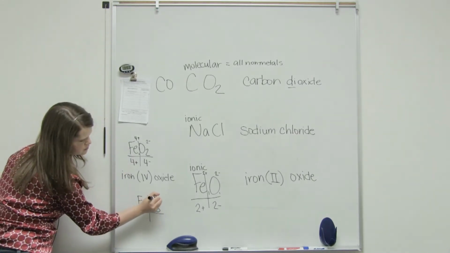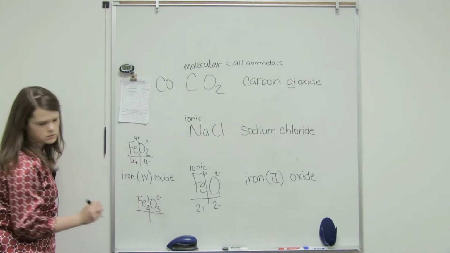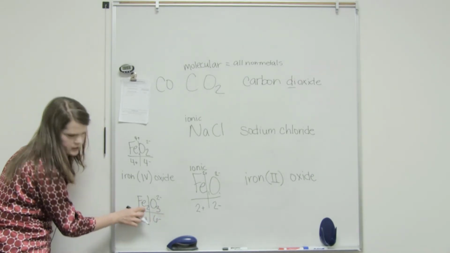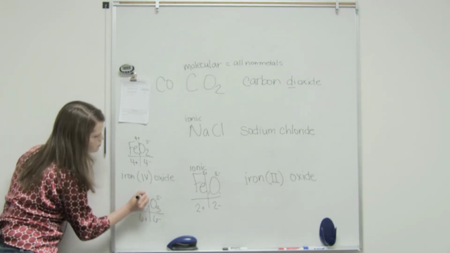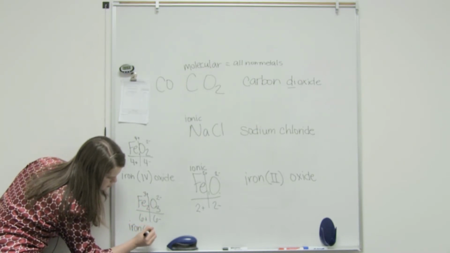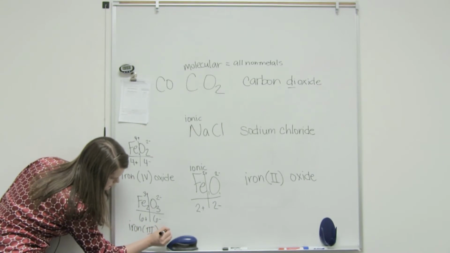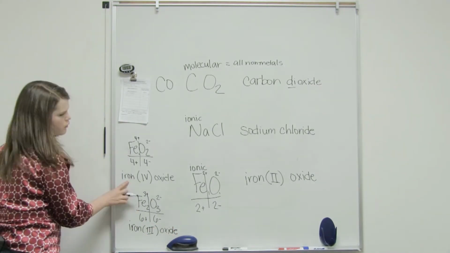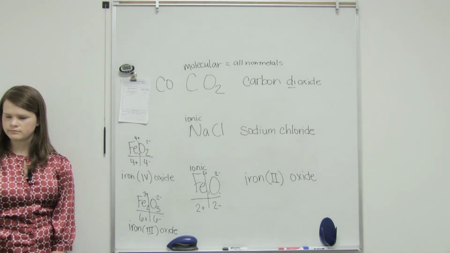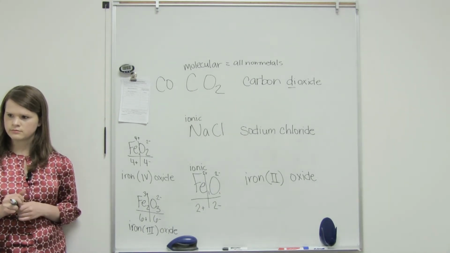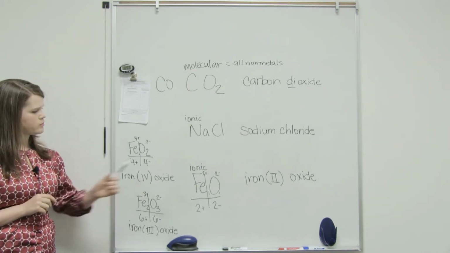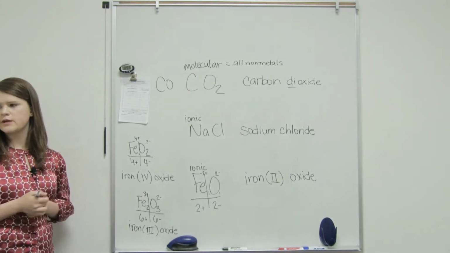And each one of those has a 2 negative, right? So 6 negative, 6 positive. Since there's 2 of them, I split it up. So they each have a 3 positive. So this time it's iron(III) oxide. And these all represent different molecules. Okay. That makes sense. I was wondering where they got Roman numerals from, and I didn't quite understand why. Yeah. Multiple playing cards. Which card is he playing this time?